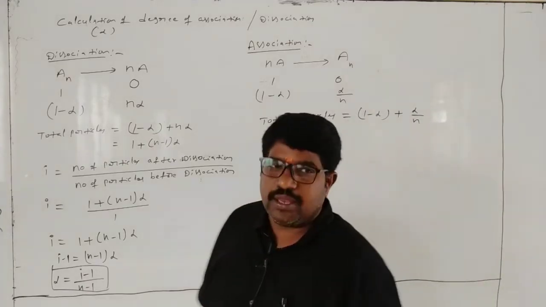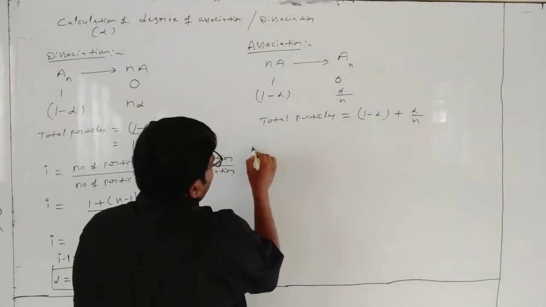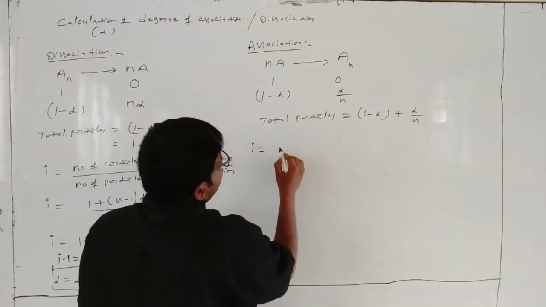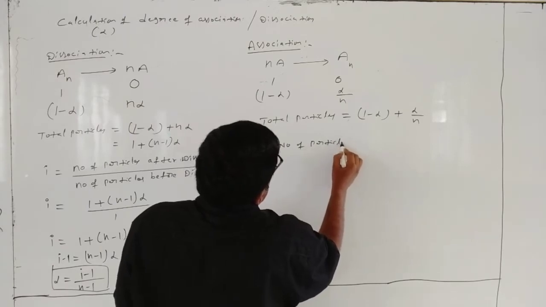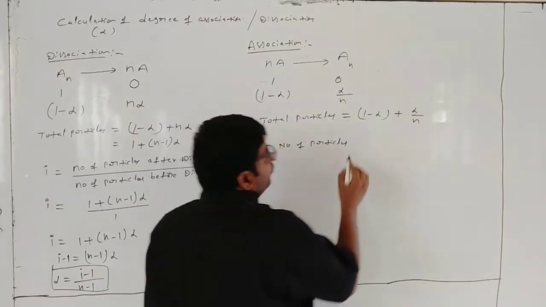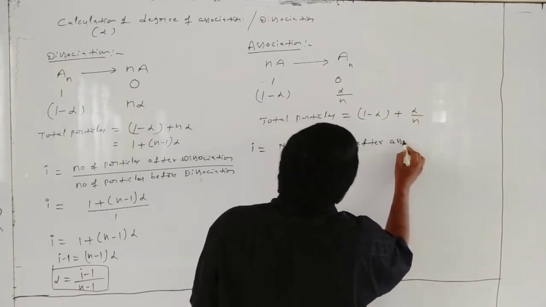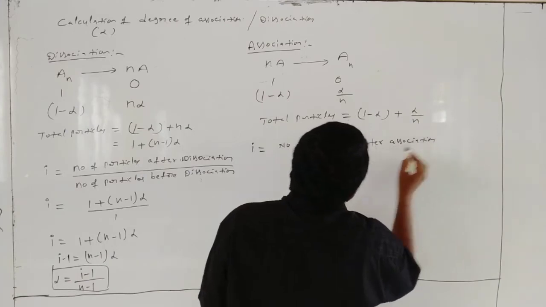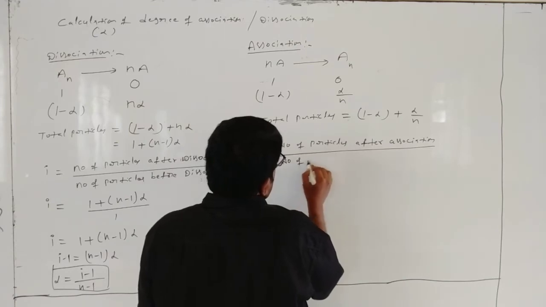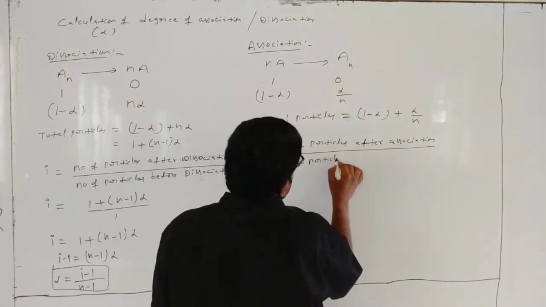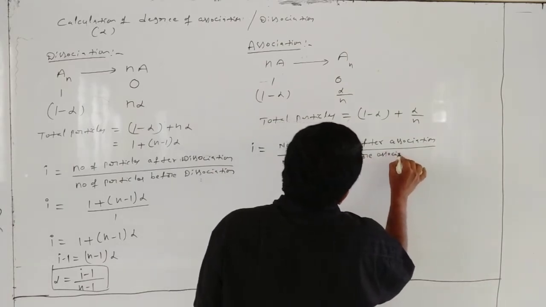Now, how to calculate i? i is equal to the number of particles after association by the number of particles before association.